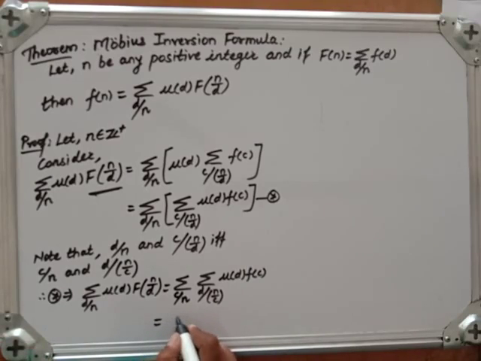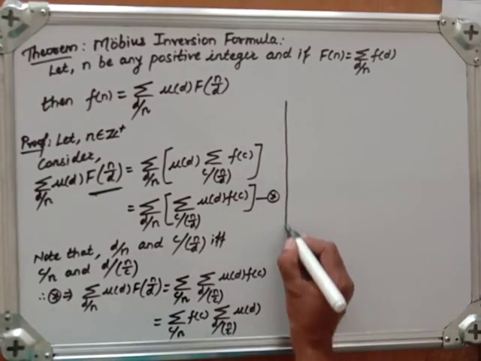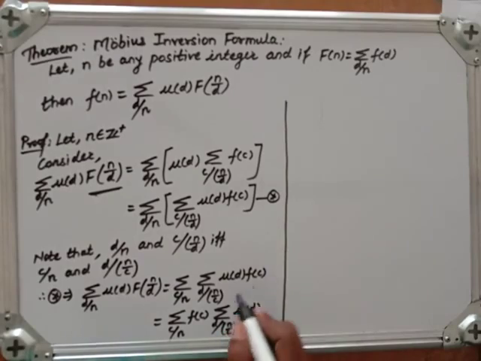So this is the same as the summation over c dividing n of f(c) into the summation over d dividing n/c of mu(d).